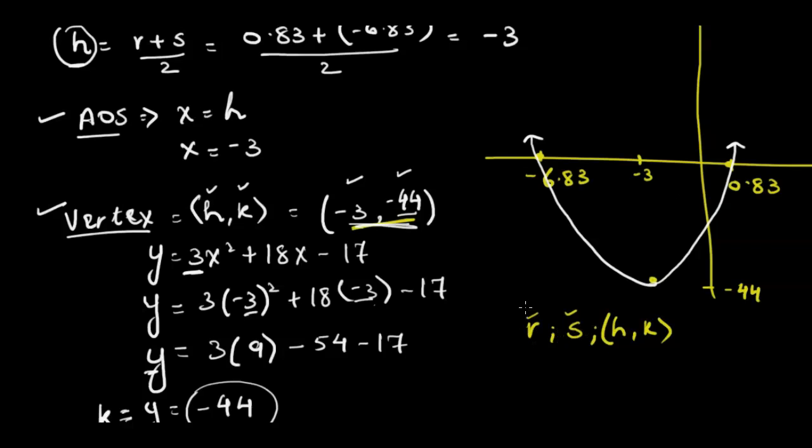All we have to use is just R, S, and (h, k). (h, k) is the vertex and R, S are the x-intercepts or the zeros. So just by using these 3 points, we are able to sketch the parabola. And this is how we solve the standard form of quadratic equation in order to find out the properties of the quadratic equation as well as to graph the quadratic equation.